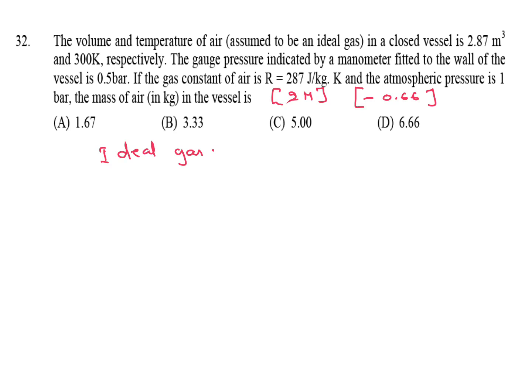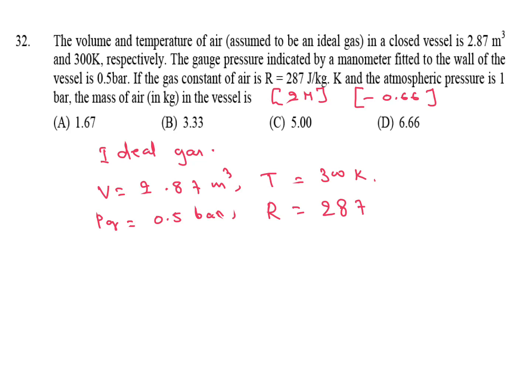Volume is 2.87 meter cube, temperature T is 300 Kelvin, gauge pressure is 0.5 bar, R value given 287 joule per kg Kelvin, atmospheric pressure P atm is 1 bar.